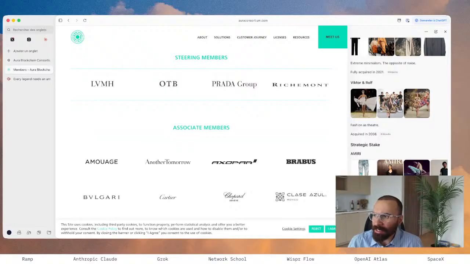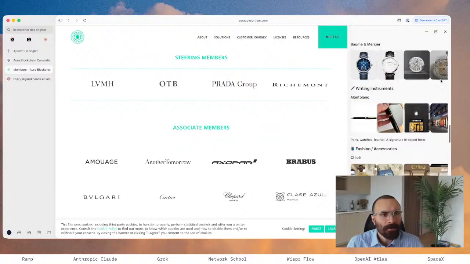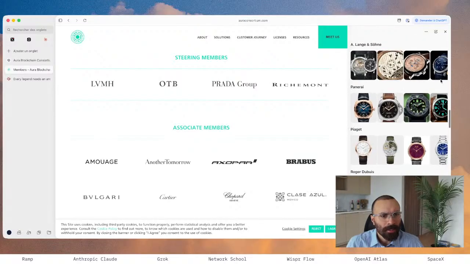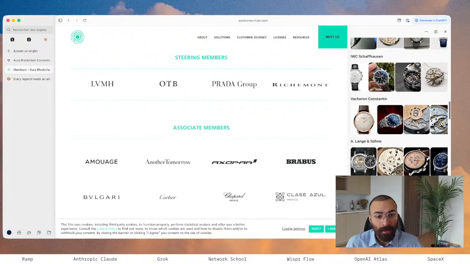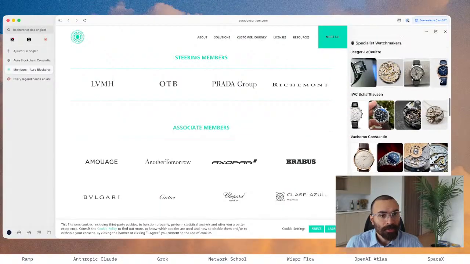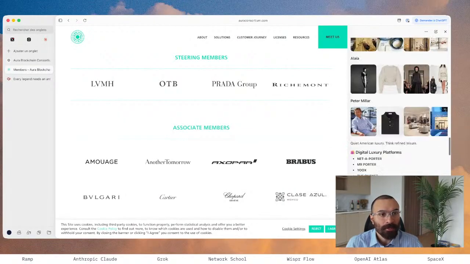But all these watch brands like Vacheron Constantin and Roger Dubuis, I don't know how to say that name, and then what are the big ones I know? I know Roger Dubuis, Panerai, Vacheron Constantin, Schaffhausen, Jaeger.